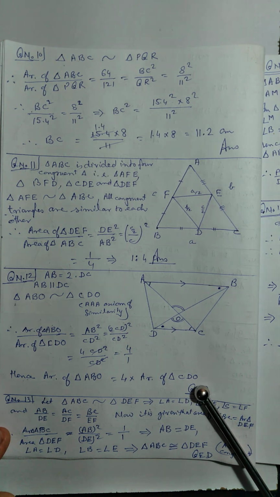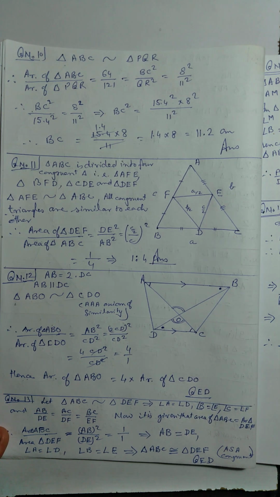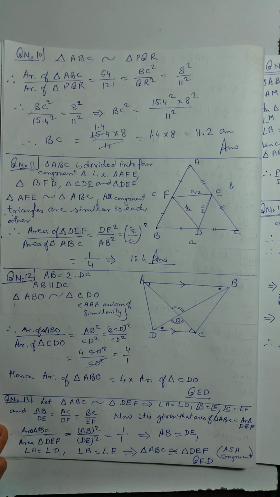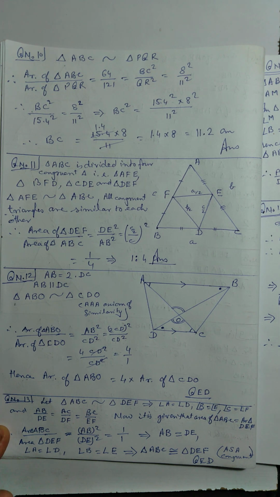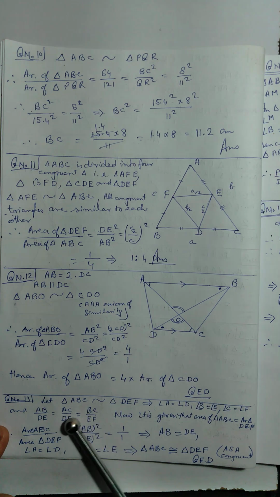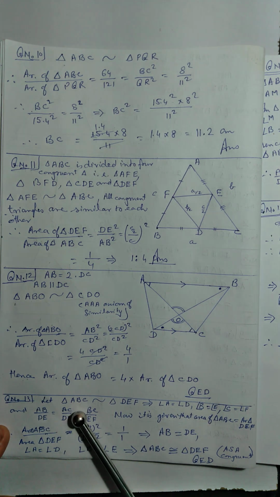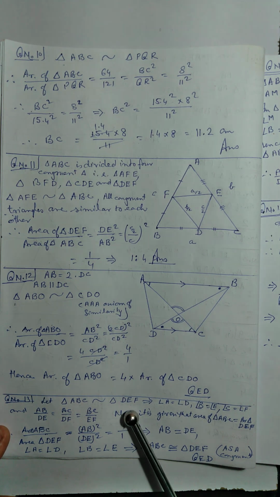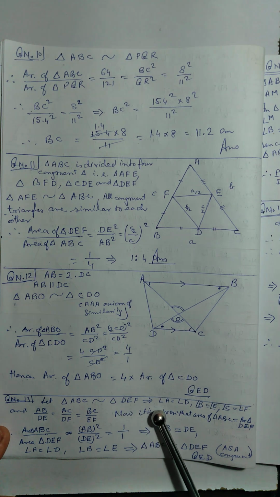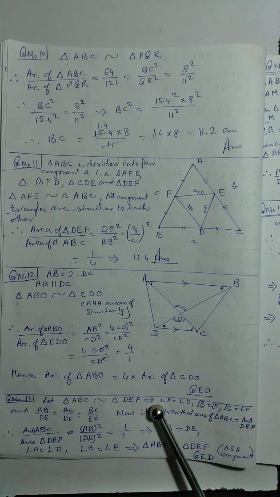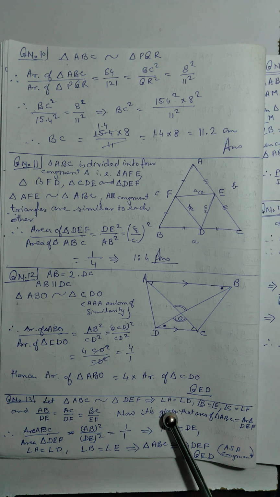Now proceed to question number 13. If the areas of two similar triangles are equal, prove that they are congruent. Let ABC and DEF be the two similar triangles. When any two triangles are similar, the corresponding angles must be equal.